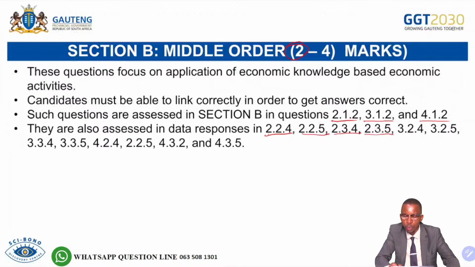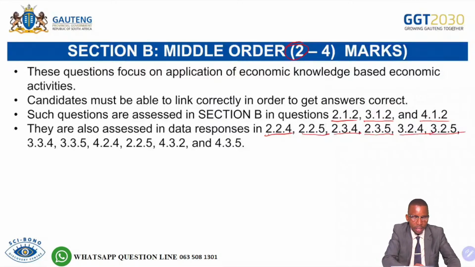Remember, when they go to 2.3.5 or 2.2.5, they will be out of 4 marks now. 3.2.4, they will be 2 marks, but 3.2.5, they will be 4 marks. For 3.3.4 is 2 marks, 3.3.5 is 4 marks.